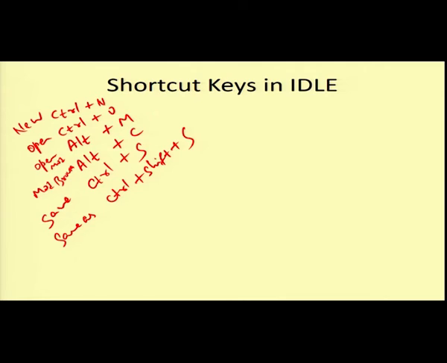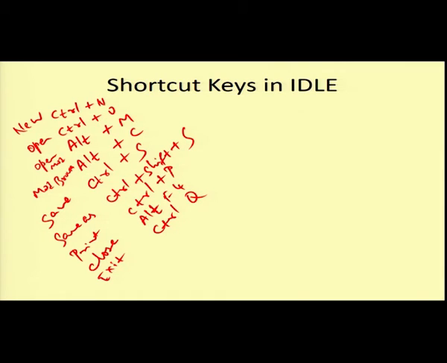Then if I want to print whatever I have typed in, I want to have a hard copy of the print, the shortcut key is Control P. And if I want to close my IDLE, then the shortcut key is Alt F4. If I want to quit or exit from the IDLE shell itself, then the shortcut key is Control Q.